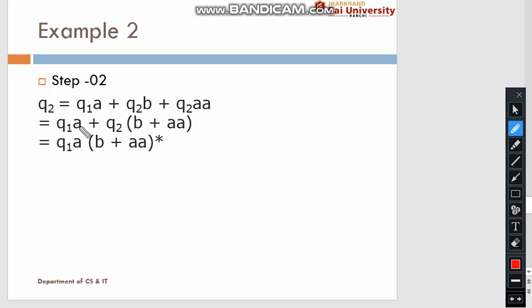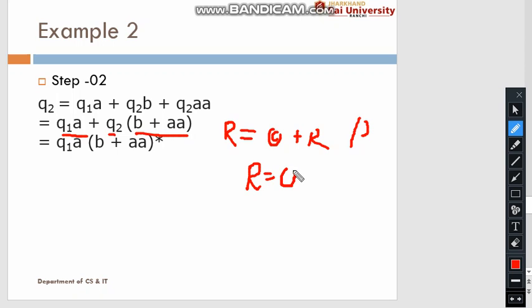Now we got the equation in the form of Arden's theorem, which is R equal to Q plus RP. Here we have Q, this as R and this is P. Then it can be written as R equal to Q into P to the power clean closure. So here we have written q1a into (b plus aa) to the power clean closure.